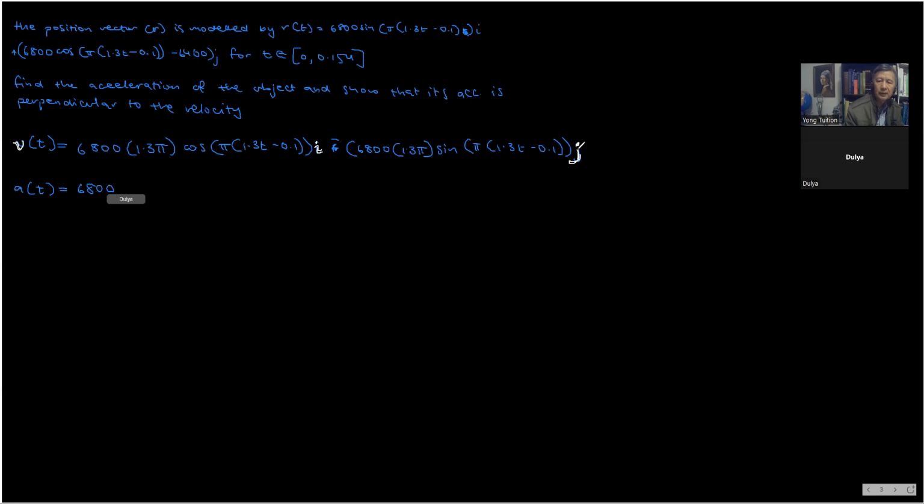Also the unit vector. How do we show that it's perpendicular? Yeah, that is what I'm wondering, is this a circular motion or not?